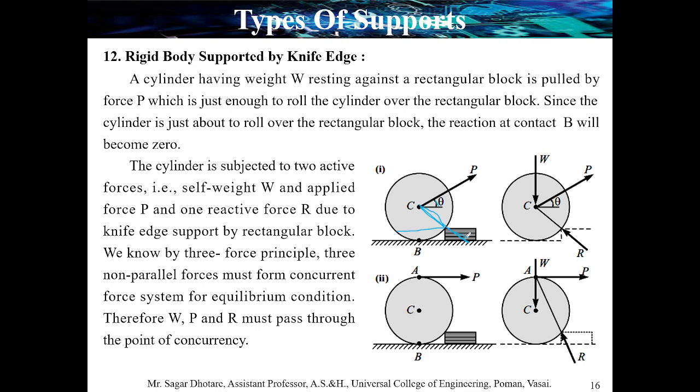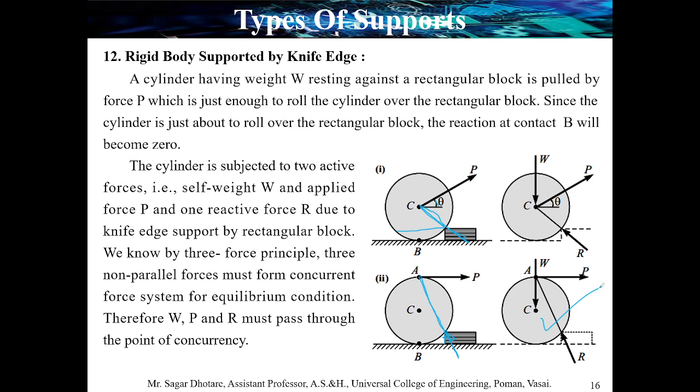In the second case the force is applied at point A, so it is connected with P because the reaction is directed towards this point. So the reaction angle will be considered this one, which is shown over here.